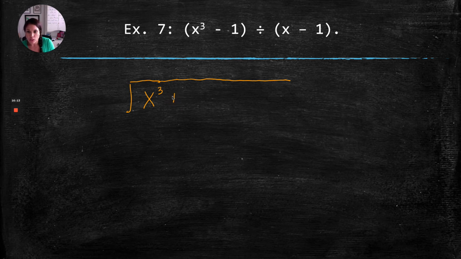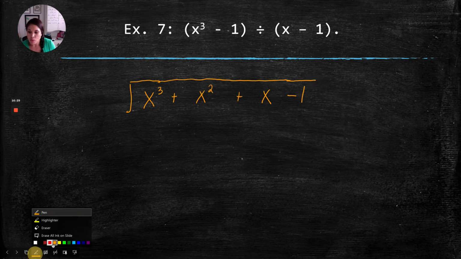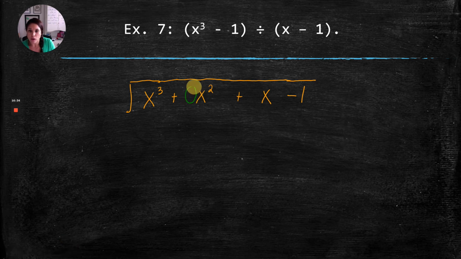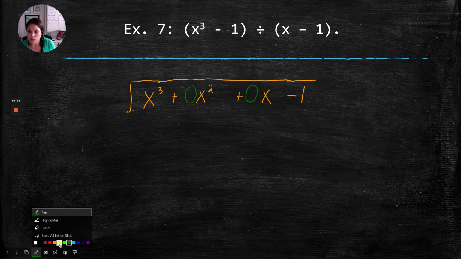So this is going to become, we have to add the x squared, we have to add the x, and then the minus 1. We must go in order when dividing these polynomials. And to help you out, you may want to put a 0 in front of the x squared and the x. Okay? Now let's write in the divisor, which is x minus 1.